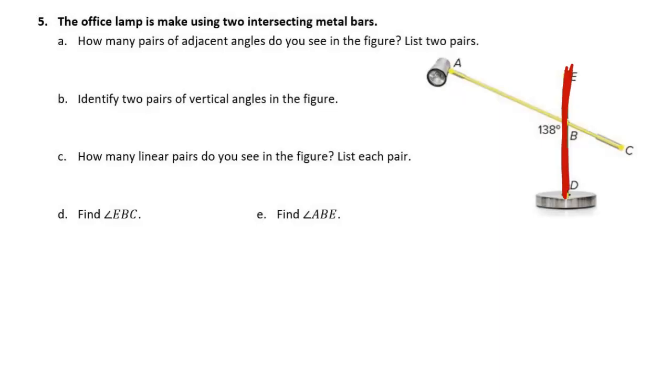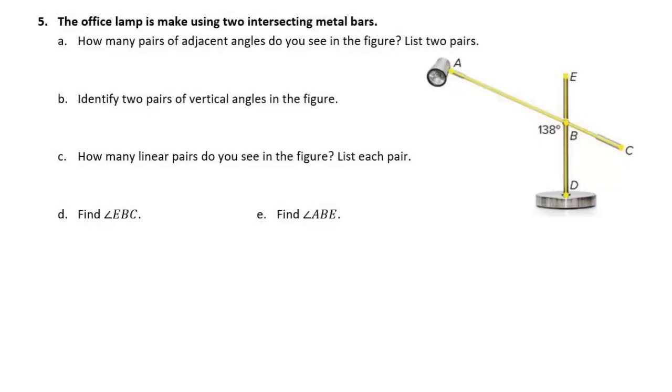We've got one metal bar right here, and then we have one metal bar right here. Does it form an X? Yes, it does form an X. It's two intersecting straight lines. Because it forms an X, we're going to be able to find vertical angles in this picture.